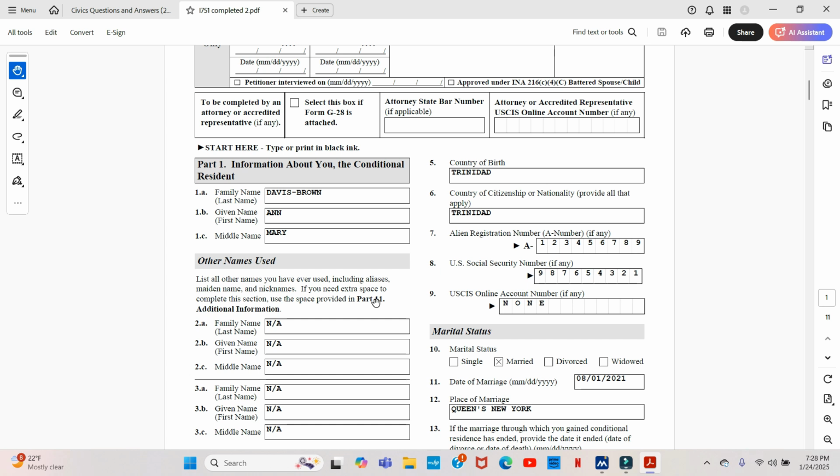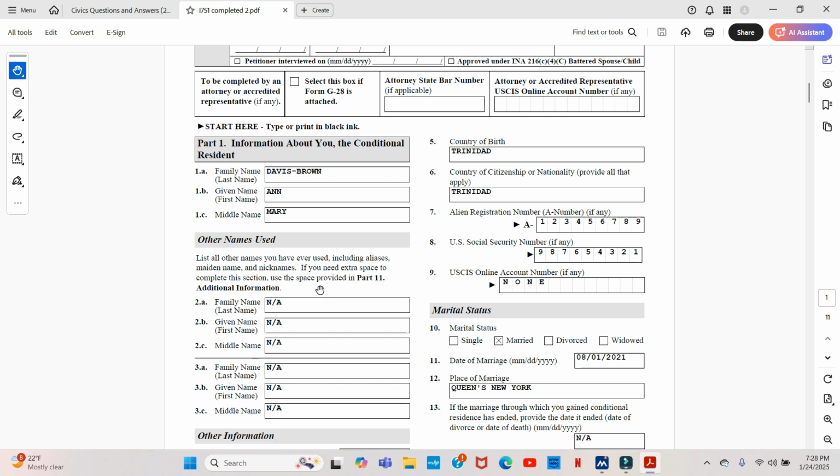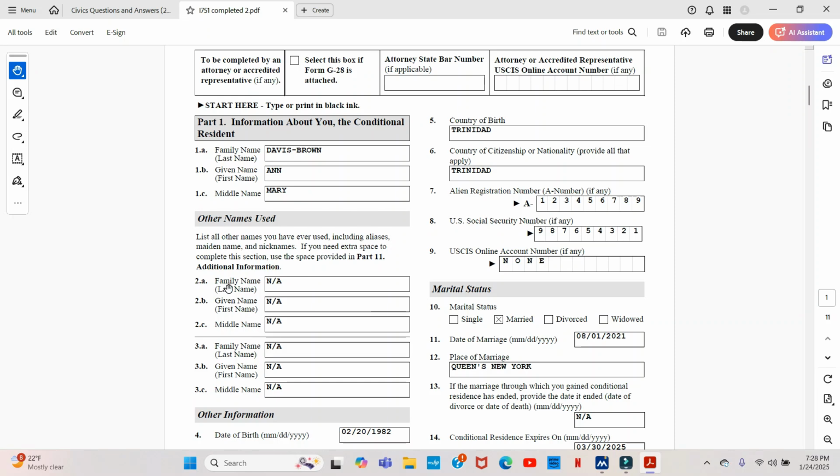If you need extra space to complete this section, use the space provided in Part 11, Additional Information. In this example, this applicant has not gone by any other names, so we put NA in the boxes indicating not applicable.